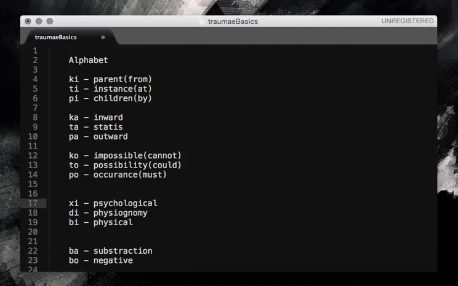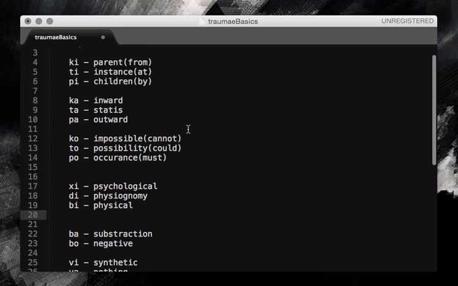So if we were to draw a circle and put a dot on where we are, or what this concept that we're talking about is, Xi would be like looking outside the circle. The physical would be the circle, and physiognomy would be like the edge of it, the in between what's outside, what's inside, this kind of thing. It doesn't really have any particle, I think, but I think this is pretty clear.